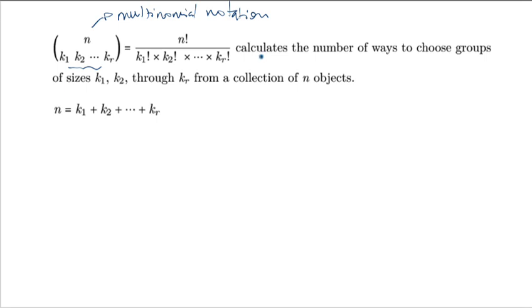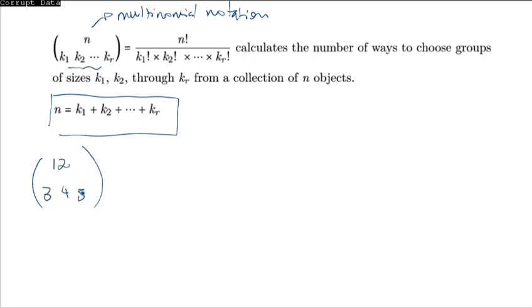So this is very important. First of all, obviously this needs to hold. For example, if you have the 12 people and you're dividing into a group of 3, then a 4, then a 5, obviously 3 plus 4 plus 5 needs to sum up to 12, right?